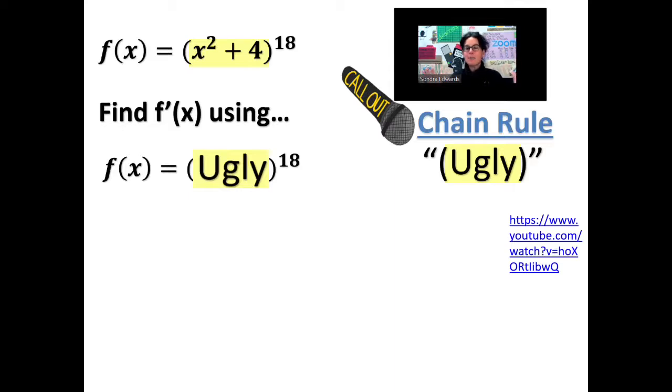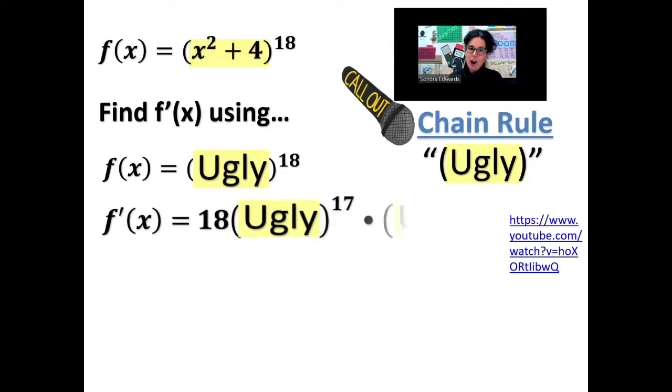So what I mean by take the derivative of ugly and chain on the derivative of ugly: if this would have just been x to the 18th, then we would have 18x to the 17th. We're just taking the derivative of ugly. But we have to chain on the derivative of ugly.